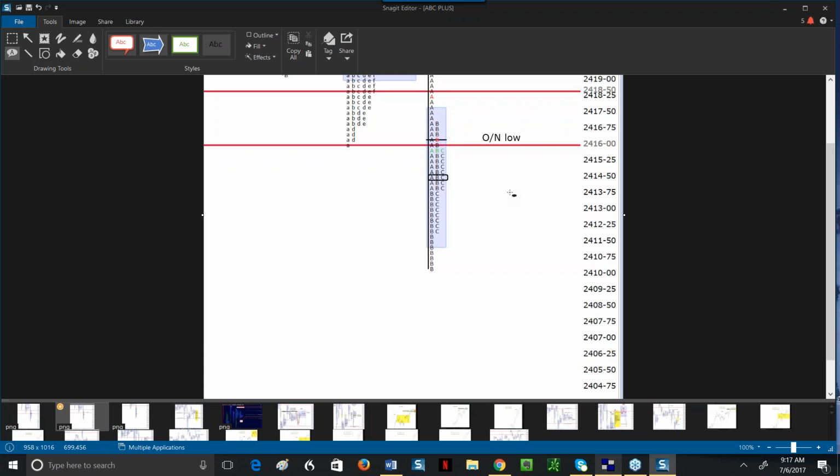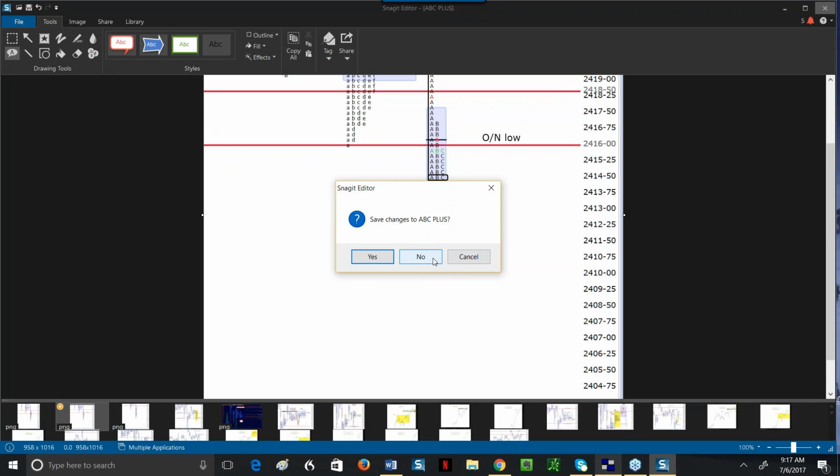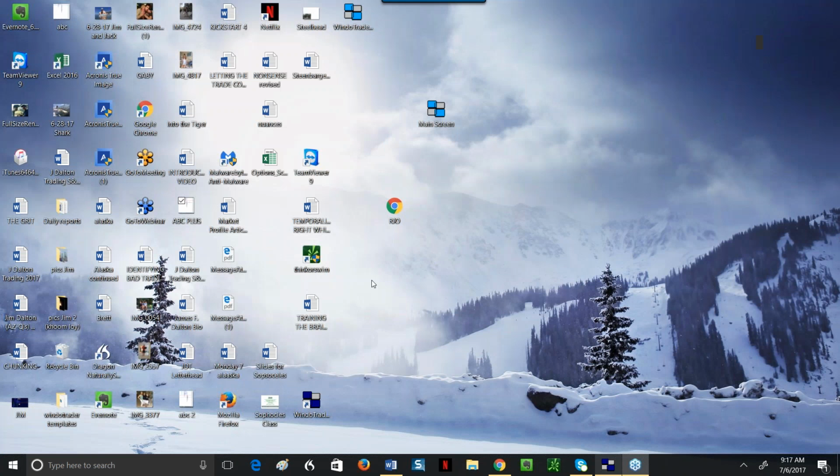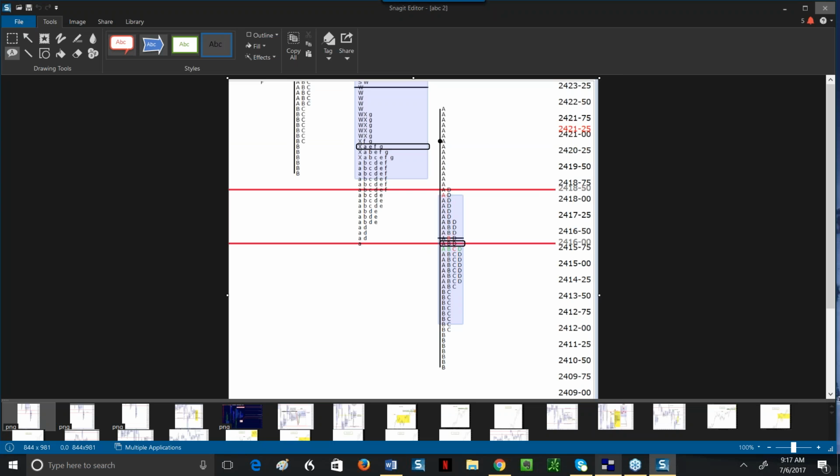Okay, let's see if we can find some of the other graphics that I'm looking for here. Okay, here's another one. Again, not in order, but we did go back up, take out that C period high, and get into the overnight range.